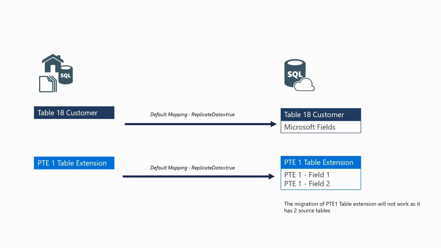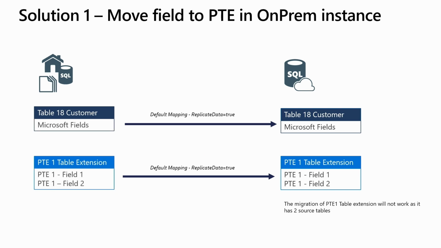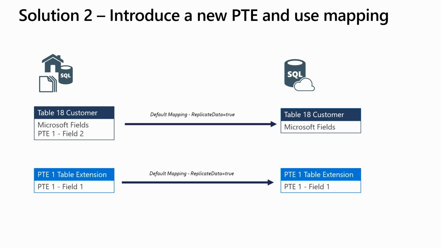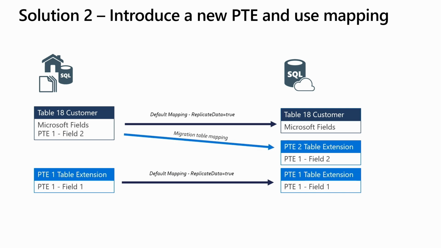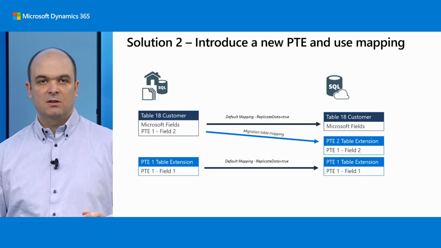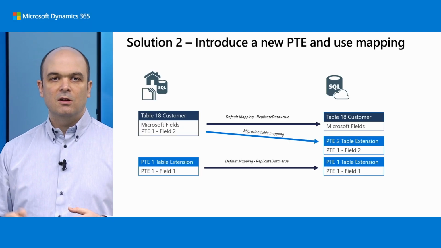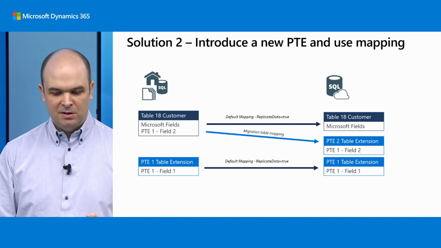To fix this issue, you can either move the field on-prem before you migrate and then move all the data without the table mappings, or you can introduce a new PTE and map it like this. And it is important, as you can see in this example, all of the destination tables have a single source, and then the engine is able to replicate the data.